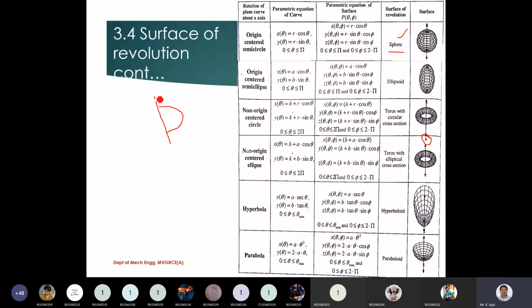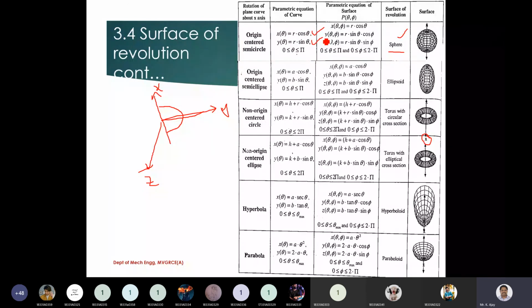So if you consider this as the x-axis, and let us say this is the y-axis, and this is some z-axis, now the semicircle is lying on the xy plane. Whenever the circle lies on the xy plane, you know the circle equation, right? x of theta is equal to r cos theta, y of theta is equal to r sin theta.